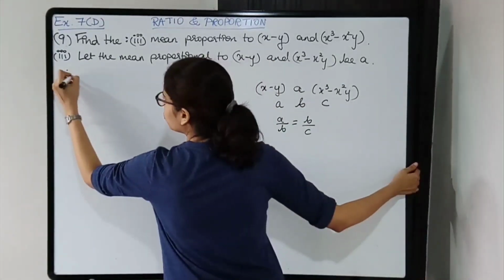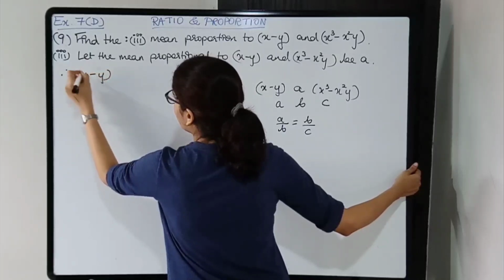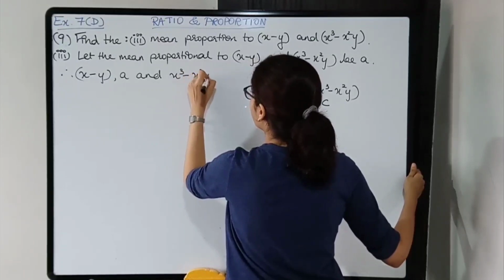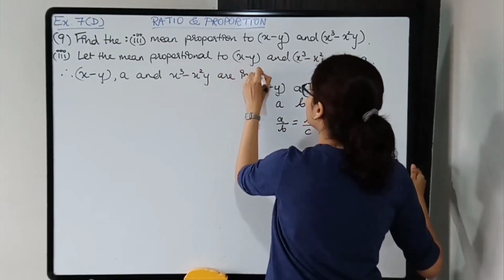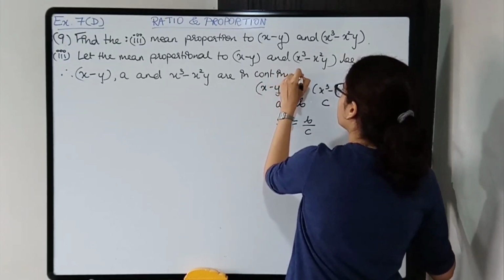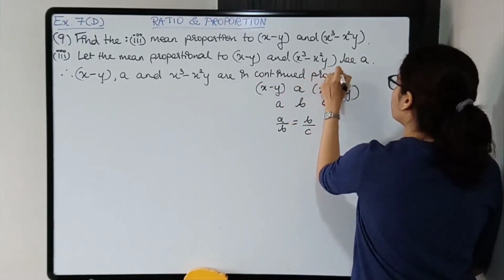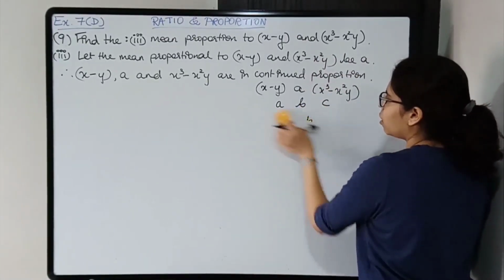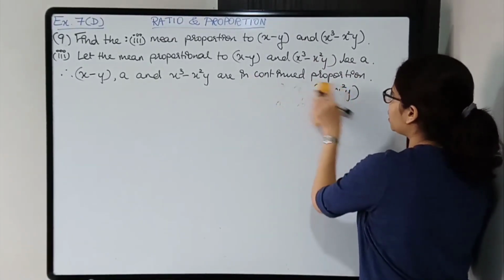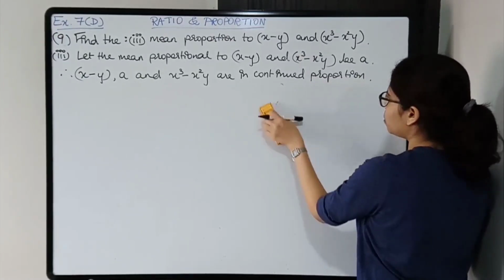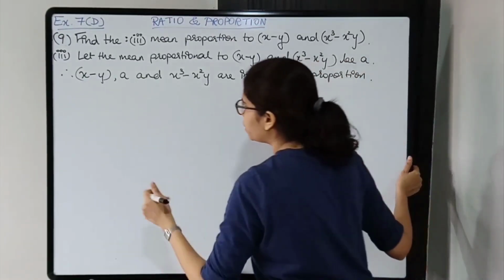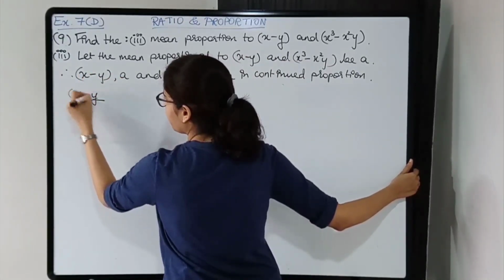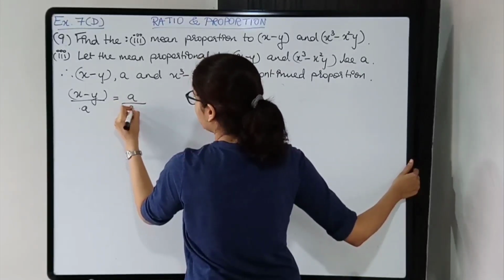Therefore x minus y, A and x cube minus x square y are in continued proportion. Correct? So now we'll apply how they are proportional, that is, first upon second is equal to second upon third.